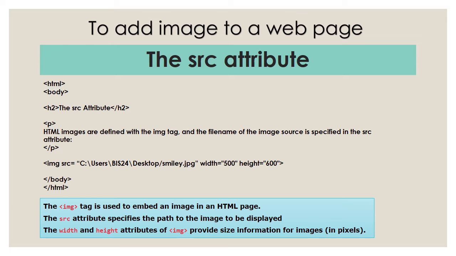So the three attributes that work well with img tag are: one is the src attribute. This attribute specifies the path to the image to be displayed, and the size of the image, if you want to specify, for that you have to use the width and height attributes.